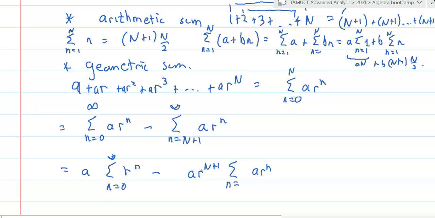If I take r to the N plus 1 outside, then the first term would be ar to the N plus 1, but I took the r to the N plus 1 outside, so the remaining power of r is 0. So this will become the sum n equals 0 to infinity. If this is too quick for you, you can write it down yourself and convince yourself that this is correct.